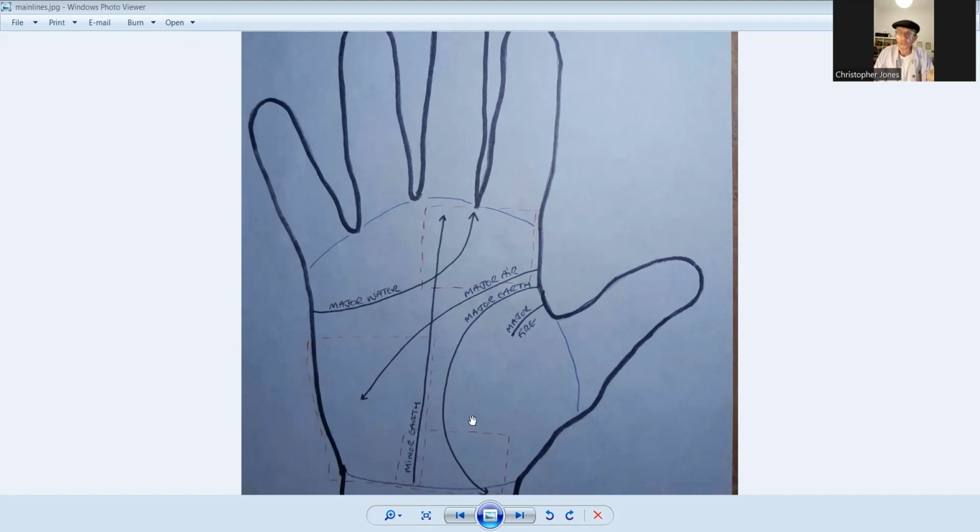And as we know from the elements, earth is consistent, air is variable. So where we see consistency, we know we have an earth characteristic. Where we see variability, we know we have an air characteristic. So what we know is that things start from the roots and they diversify as they grow up.